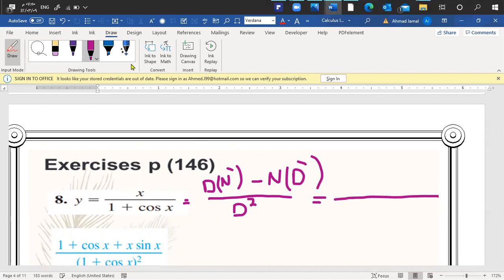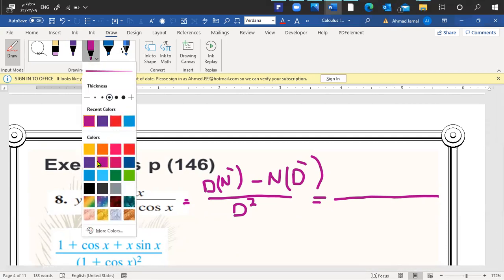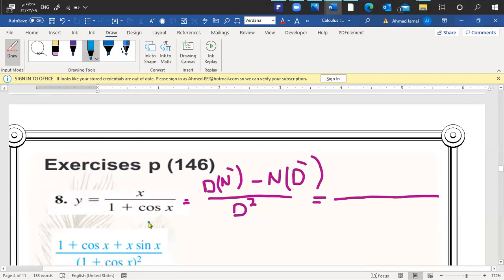What is the denominator here? The denominator will be 1 plus cosine x. So I will write here (1 plus cosine x) squared.